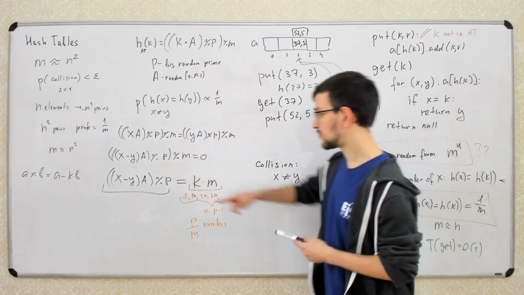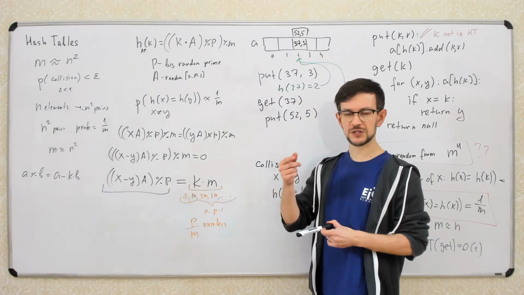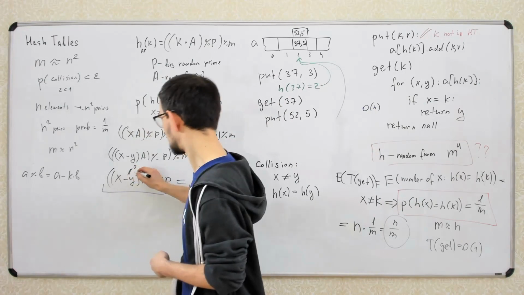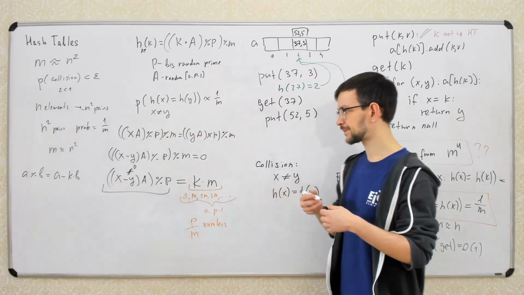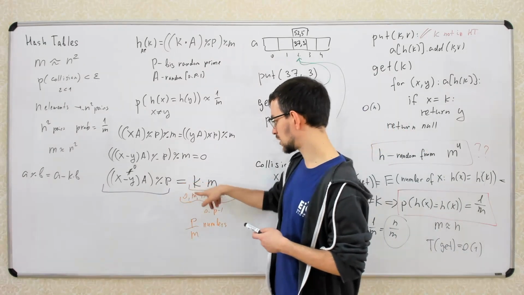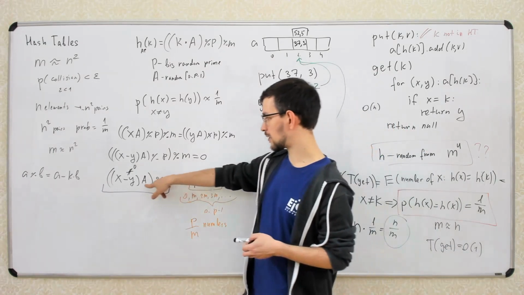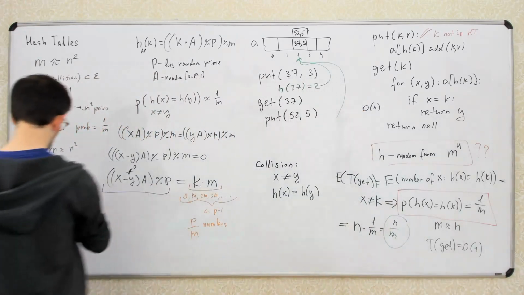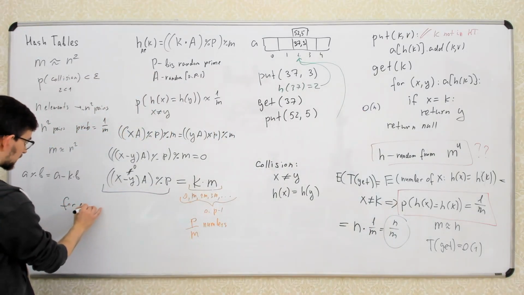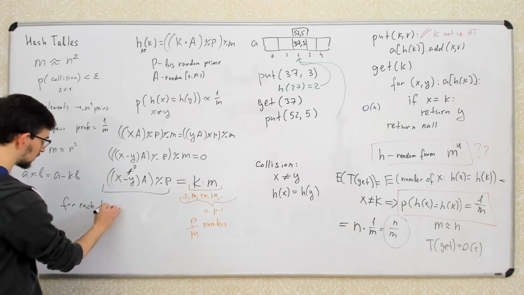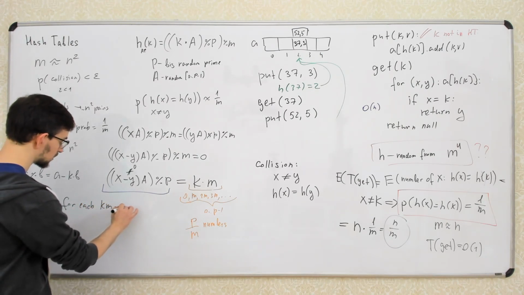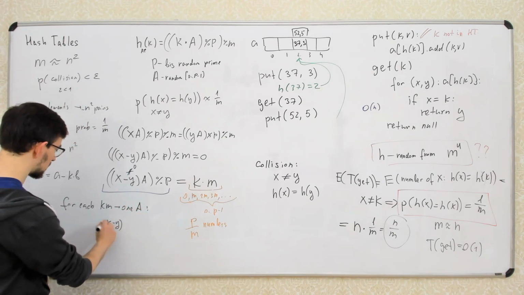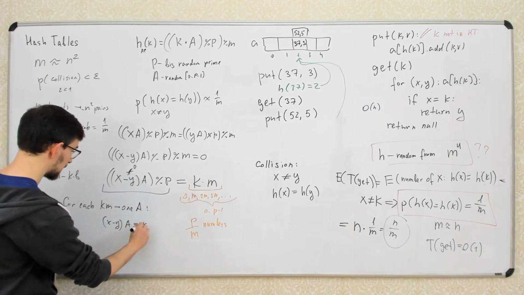But if P is prime, there is a unique number a, and this number is not 0 because x and y are different. So for each number km, there is a unique number a which gives you this product modulo P. For each km, there is only one a that gives you x minus y times a equal to km.